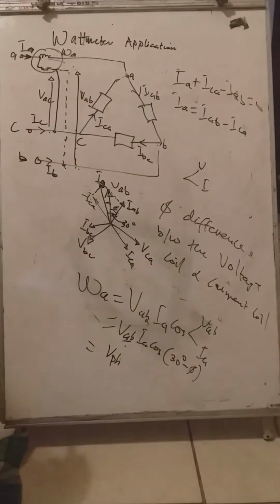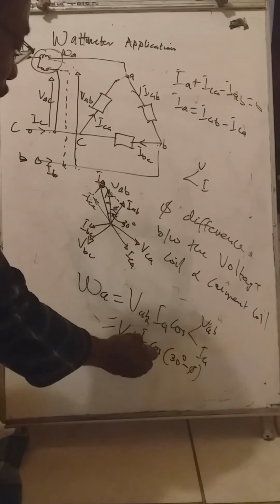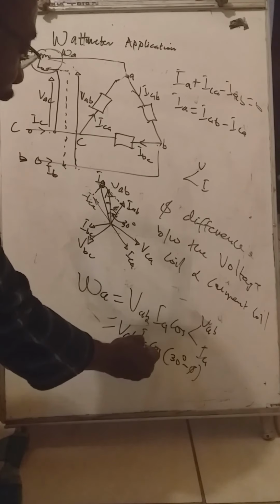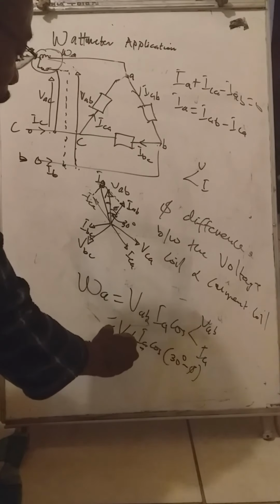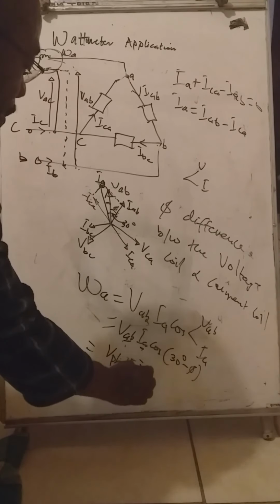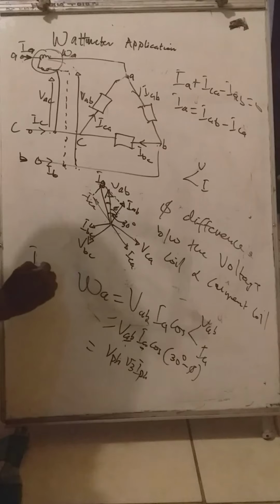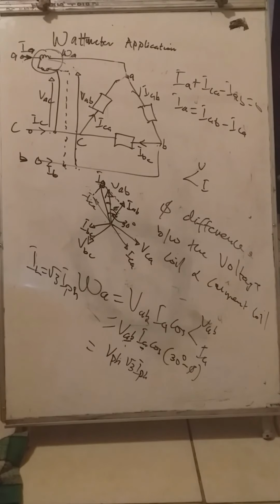And IA, that is our line current, is √3 times the phase current. So we can take this one, our line current IL, and convert it into √3 I phase, because our I line is equal to √3 times the phase current.